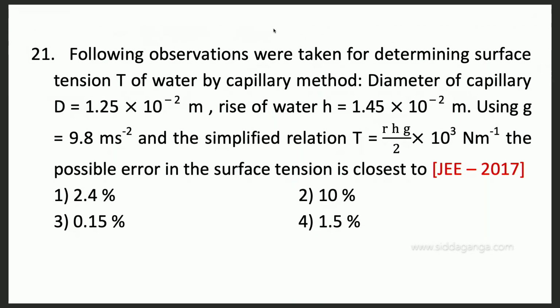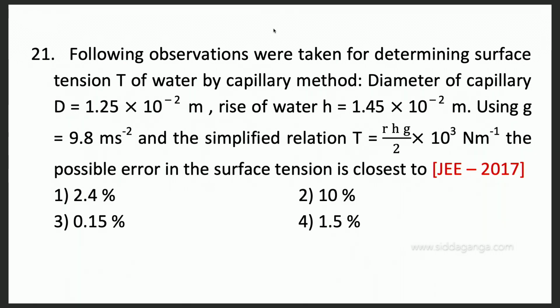The following observations were taken for determining surface tension T of water by the capillary method. Diameter of the capillary is measured to be 1.25 into 10 power minus 2 meter, or 1.25 centimeter.